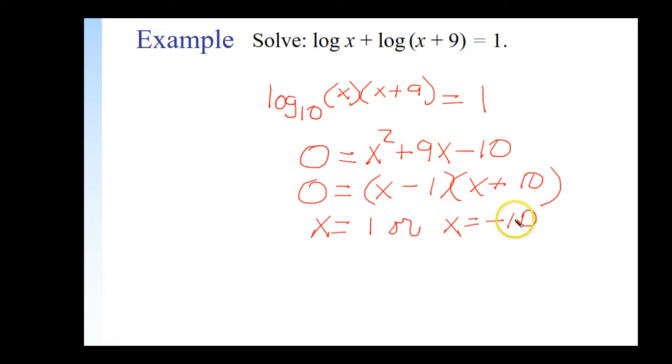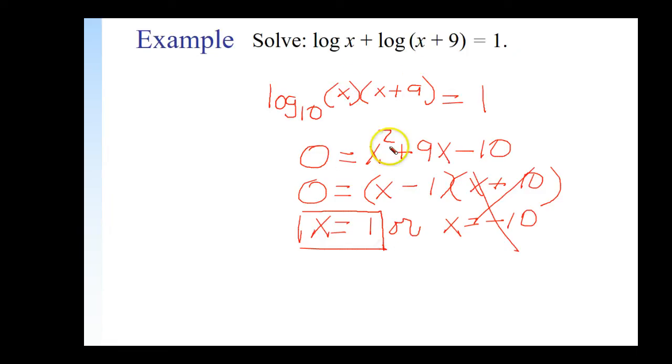Now keep in mind, if we put a negative 10 up here, that will make this negative. And we don't have values for negative logs. So this, even though it's generated through your working, is rejected. And the only answer is this.